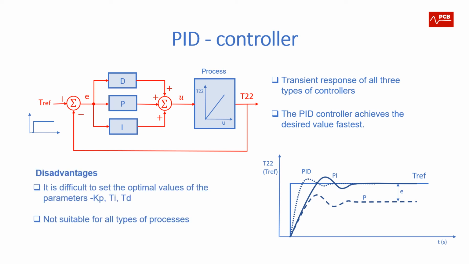There are also some disadvantages of the PID controller. It is difficult to set the optimal values of three parameters. Two is easy, for example for a PI controller, but there is a third component, TD, so it is difficult and it is not suitable for all types of processes. In some literature, it is written that D also means don't touch.